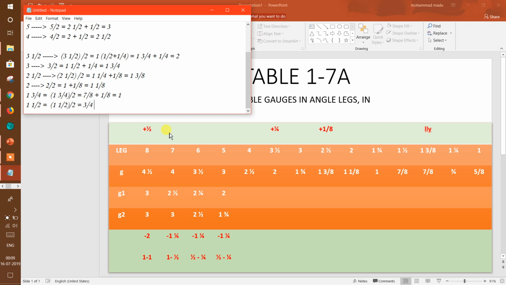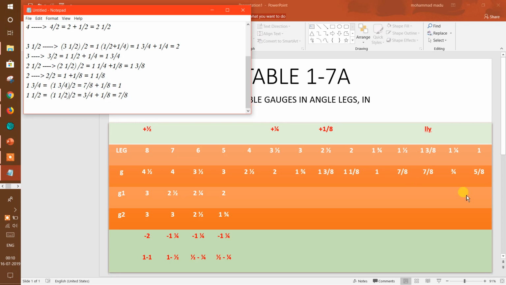Yeah, plus 1 by 8. We're going to get a value of 6 by 8 and 7 by 8. Yeah, 7 by 8. I got the value 7 by 8.